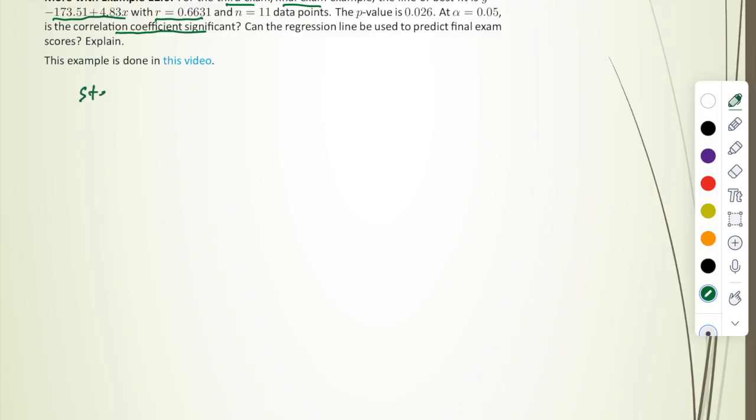So step 1 is what is the original claim? The original claim, let's go with the correlation is significant.